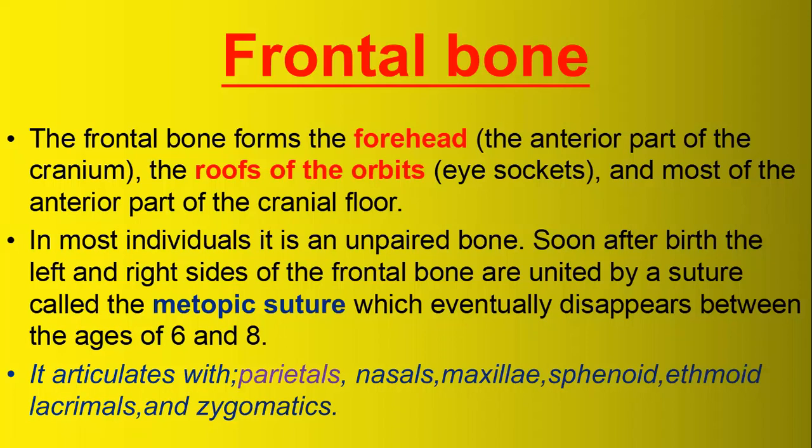Soon after birth, the left and right sides of the frontal bone are united by a suture called the metopic suture, which eventually disappears between the ages of 6 and 8 years. It articulates with the parietals, nasals, maxillae, sphenoid, ethmoid, lacrimal, and zygomatic bones. So those are the bones which are in close association with the frontal bone.